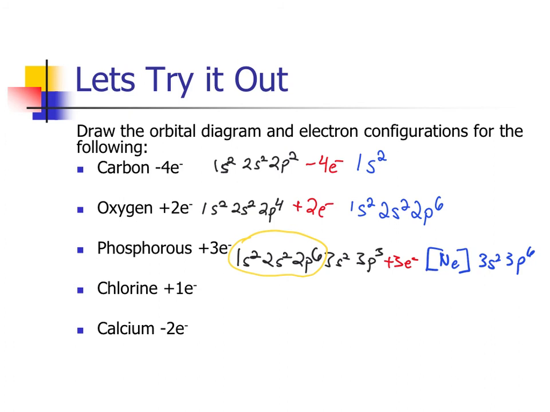When I write it out for chlorine, we know that it has this. It adds an electron to give us the electron configuration of that. Now some might ask, where did it get that electron?